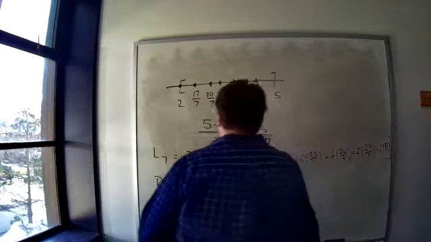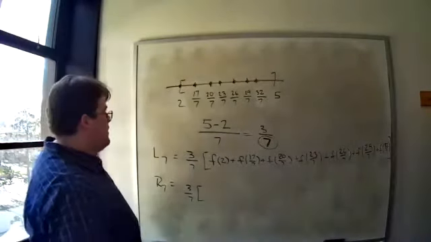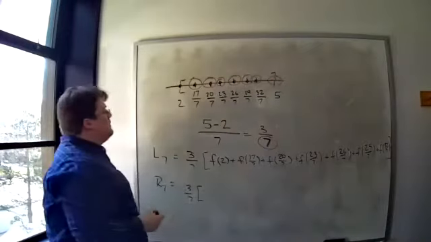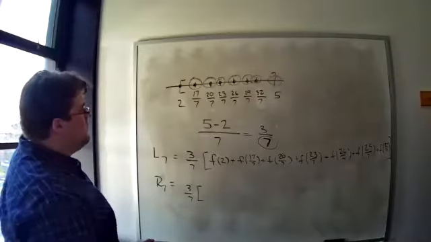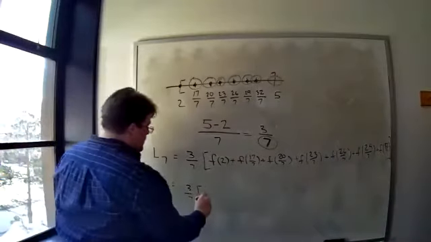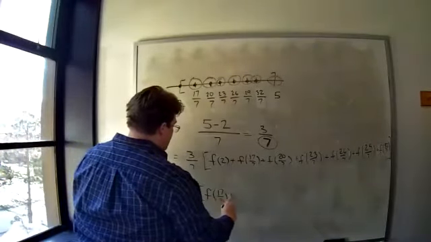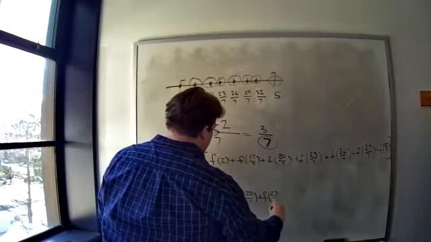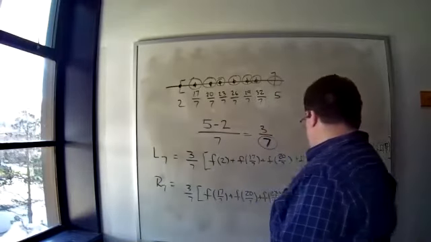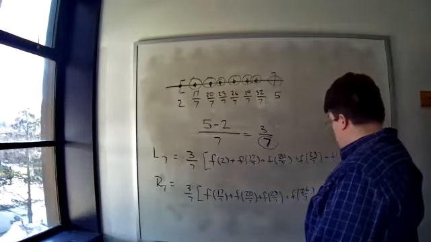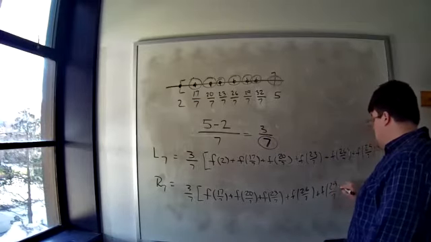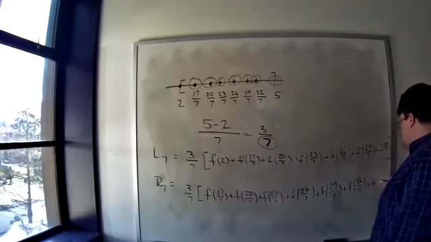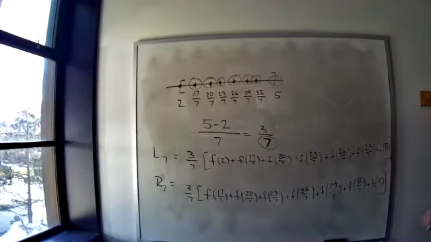Now for the right one, instead of using the left endpoints, we use the right endpoints. So we start, in this case, at 17/7, and we end at 5. So f of 17/7 plus f of 20/7 plus f of 23/7 plus f of 26/7, f of 29/7 plus f of 32/7 plus f of 5.